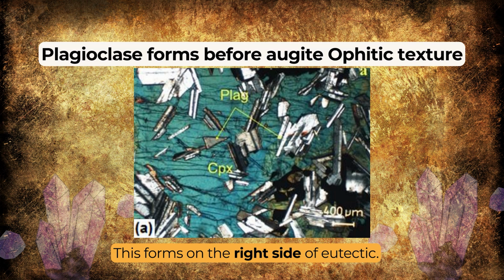In ophitic texture, you have a big crystal of clinopyroxene, and in this clinopyroxene, there are small laths of plagioclase. They are embedded within the clinopyroxene crystals.